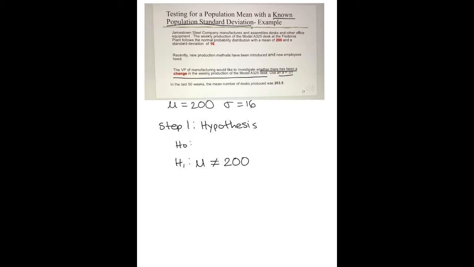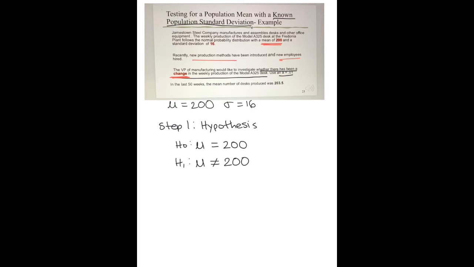And that means our null is the status quo, which means that the mean is equal to 200. So that's our starting point. Notice what I used: a piece of the information from the question saying that the initial mean was 200, and looked at what we're trying to test, which is whether there's been any kind of adjustment since the new staff was hired and the new production methods were introduced.